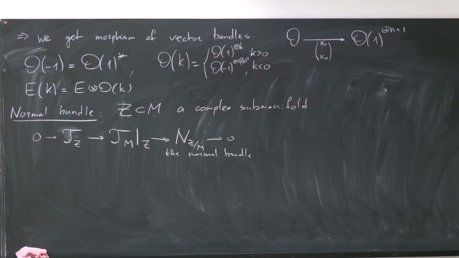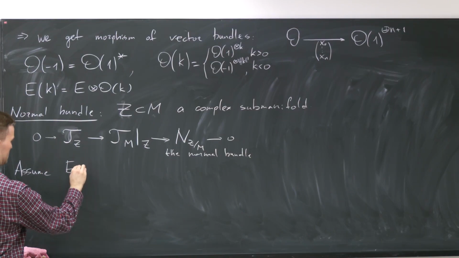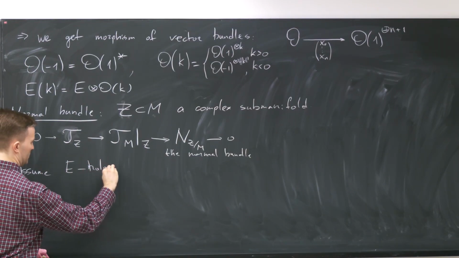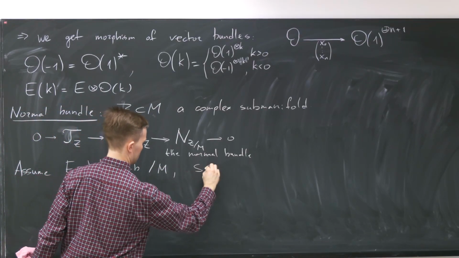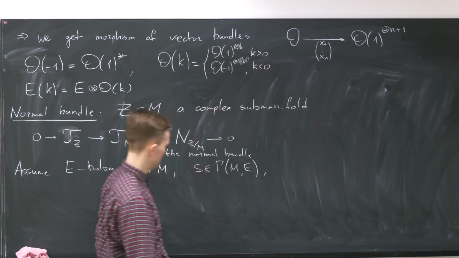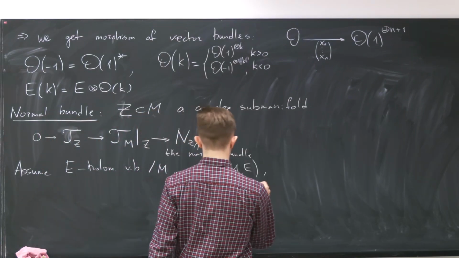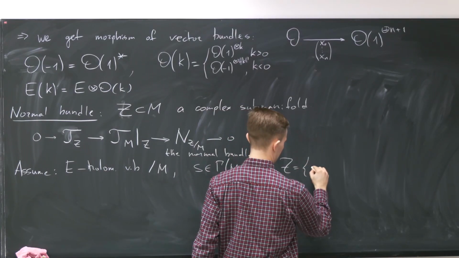Let's assume now that this Z is given as the zero locus of a section of some holomorphic vector bundle over M. Assume E is a holomorphic vector bundle over M, S is a section, and Z is the zero locus of this section.